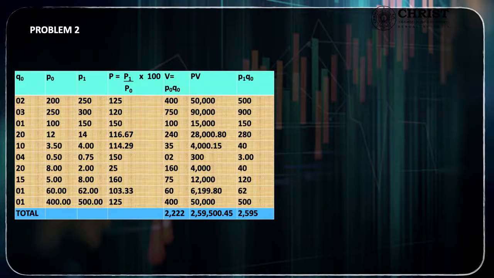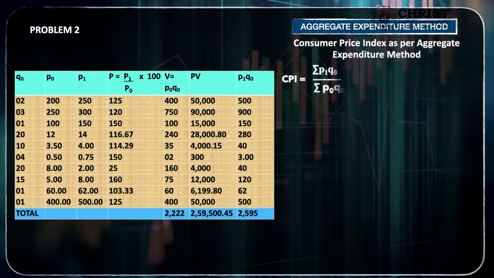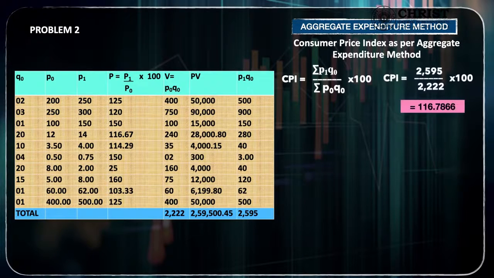So if you see that aggregate expenditure method, consumer price index is sigma P1 Q0 divided by sigma P0 Q0 into 100. When you substitute the values in the equation, CPI is equal to 2595 divided by 2222 into 100, that is 116.7866.